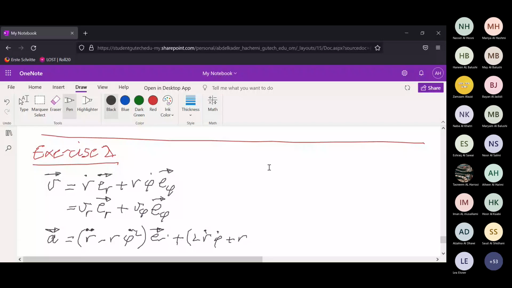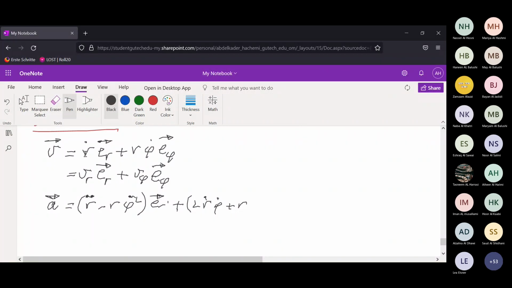Okay, I repeat. We have the velocity here, which is R dot ER plus R phi dot E phi. You can look at the slide, where what I made always in yellow at the end is the important equation that we need.